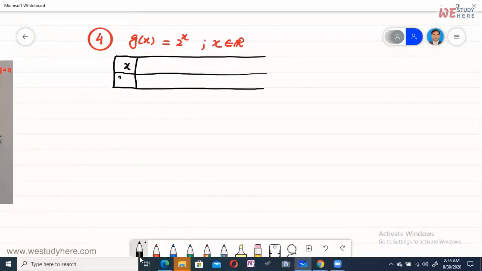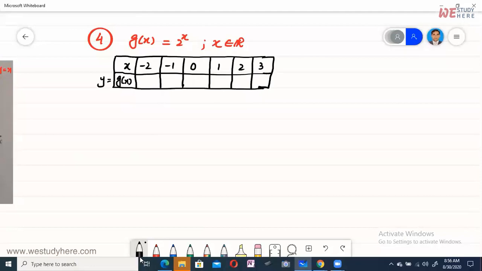Here is x, here is g of x, or y you can say. We start from -2, -1, then 0, 1, 2, 3 is enough.